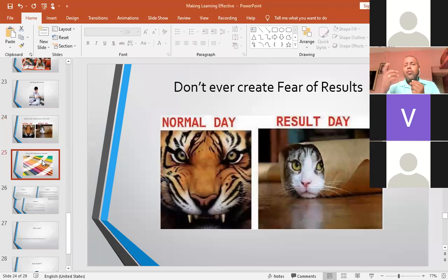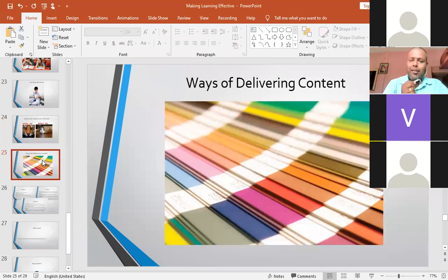Then next is ways of delivering the content. Various subjects have various teaching styles we all educators use. If it is science, performing an experiment; if it is English, performing a drama; if it is history, starting the class with a story. So we have ways of delivering the content. You should see that the same way does not get repeated every time.